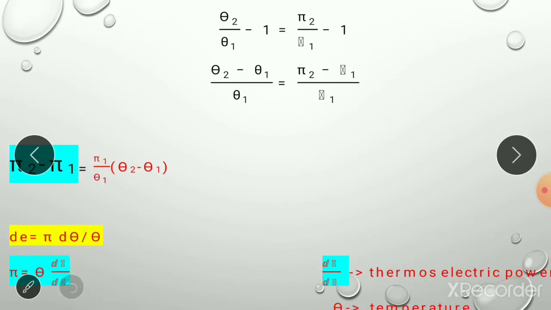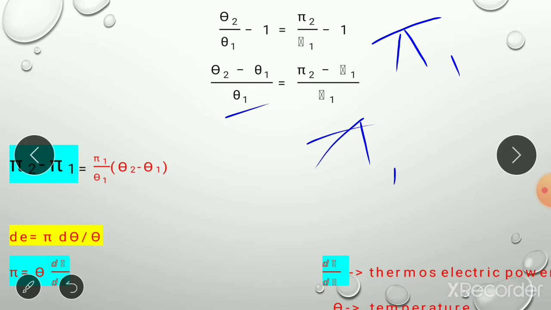Next, subtract 1 from both sides. Theta 2 by theta 1 minus 1 equals pi 2 by pi 1 minus 1. Now take the LCM. On the LHS the LCM is theta 1, giving theta 2 minus theta 1. On the RHS the LCM is pi 1, giving pi 2 minus pi 1.